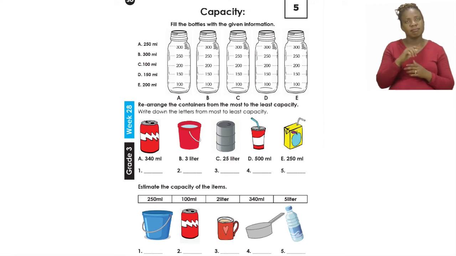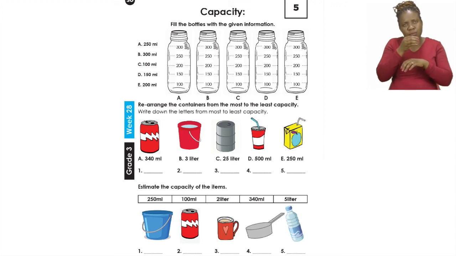And then we have an oil can, or at least something that looks like an oil can. And this one is also measured in liters, 25 liters. And then you have a cup, 500 milliliters, and a juice box, 250 milliliters.